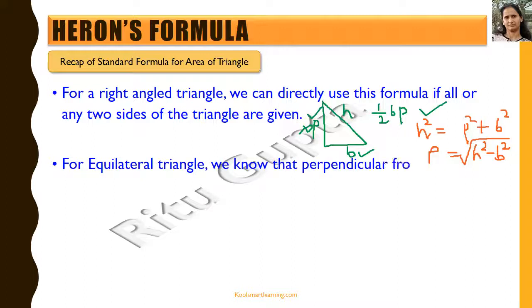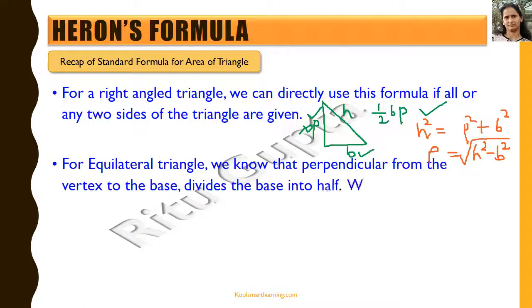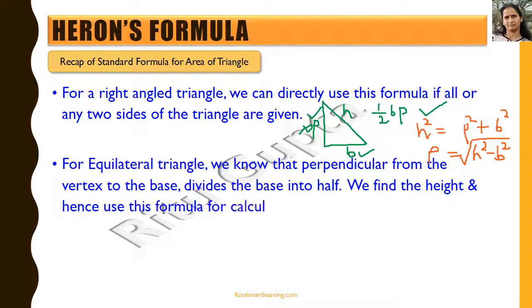For an equilateral triangle, let's draw an equilateral triangle here. Now in this case also, we know the side of the equilateral triangle is a. So we know that if from the vertex we drop a perpendicular on the base, this perpendicular will divide the base into half.